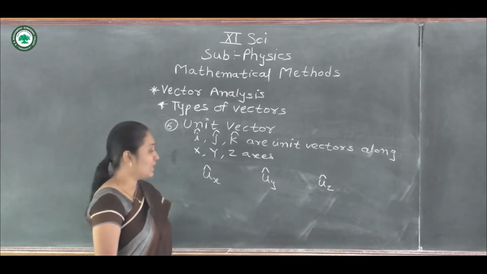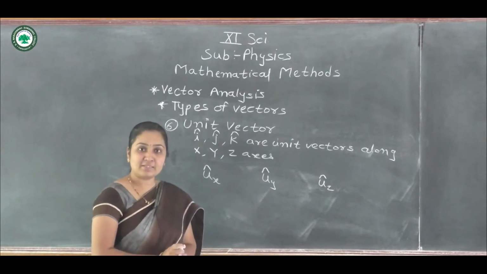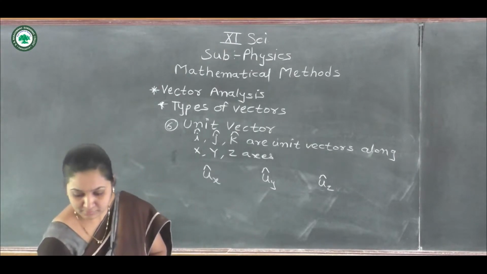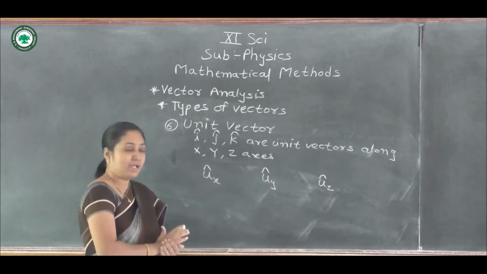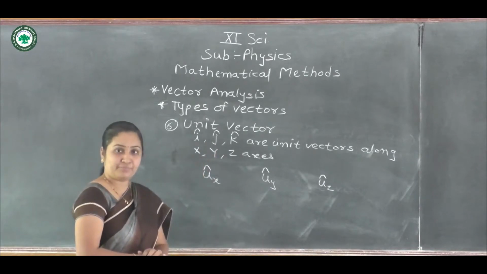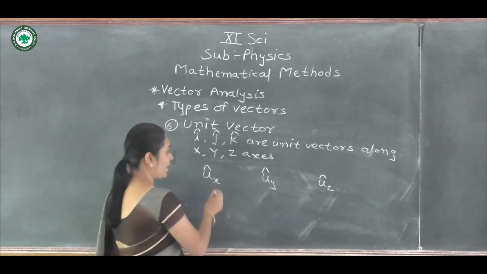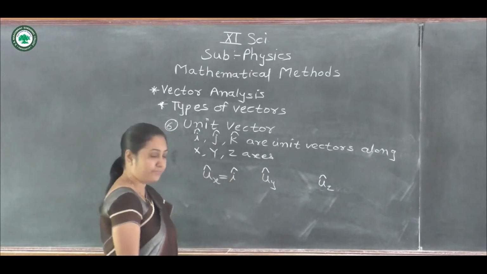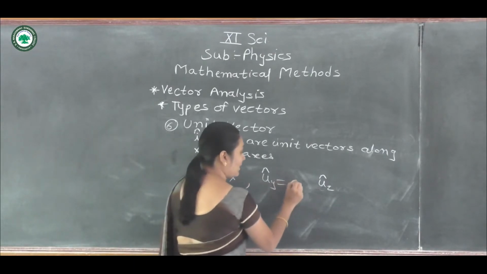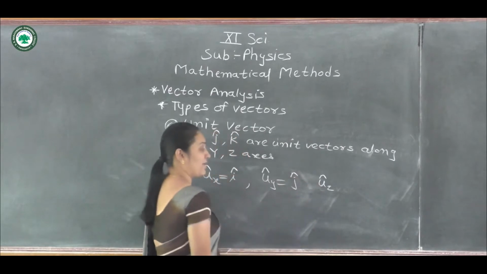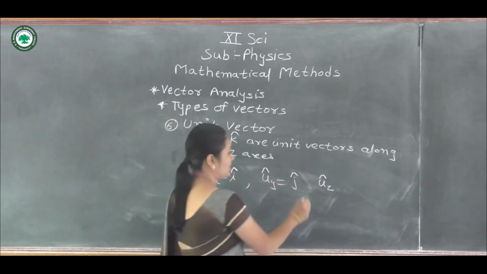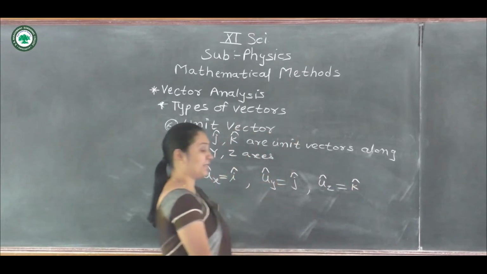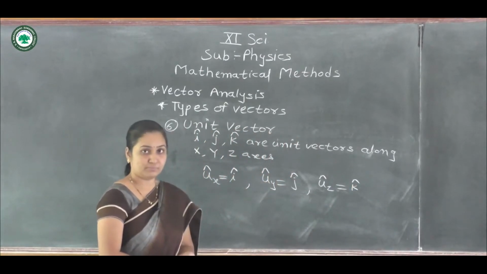Now these unit vectors are shown by i, j, k. That is, ux cap is nothing but i cap, uy is nothing but unit vector j, similarly uz is nothing but unit vector k.